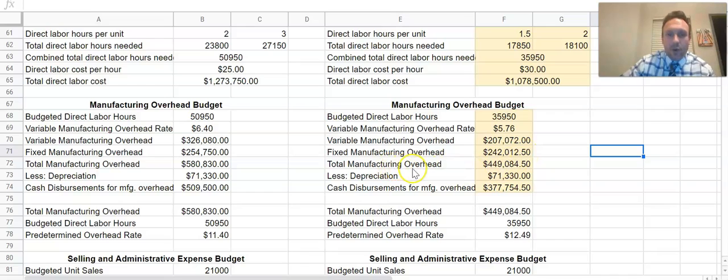So we have a new total manufacturing overhead cost. Depreciation stays the same as indicated in the problem. And then our cash disbursements for manufacturing overhead now comes to $377,754.50.